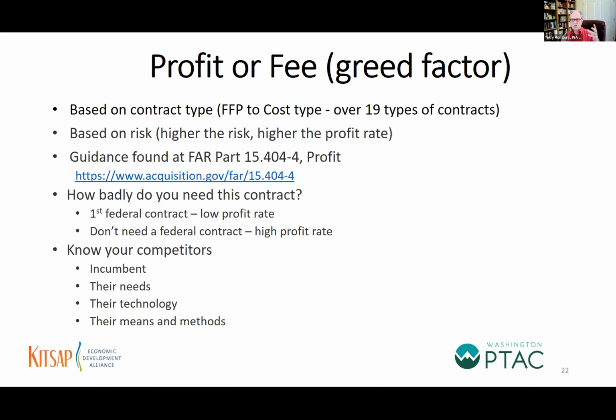There are all kinds of scenarios for you to contemplate on how much of a profit rate you want to put in your cost proposal. Another important thing when it comes to figuring out profit is knowing your competitors. This is the last bullet on this slide. If the agency is issuing this solicitation for a contract that is about to expire, they're doing what we call a follow-on contract.